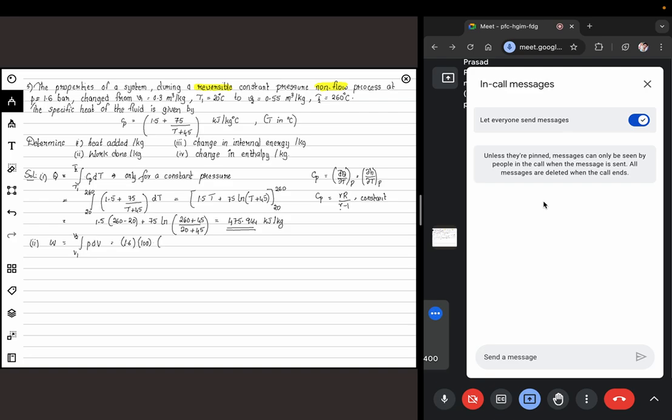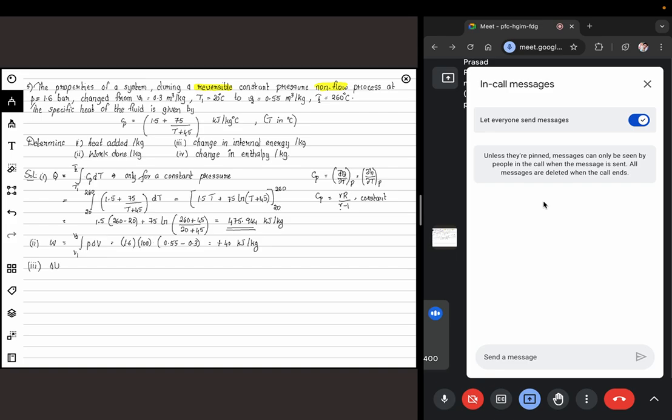The final volume is 0.55 minus the initial volume of 0.3. These are specific volumes, and obviously the work you would get is in kilojoule per kilogram. So you have 1.6 times 100 times the difference, per kg.